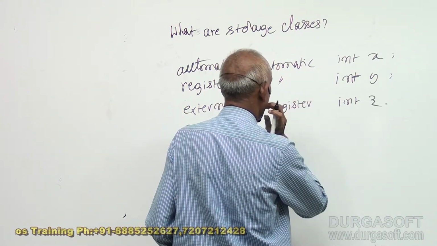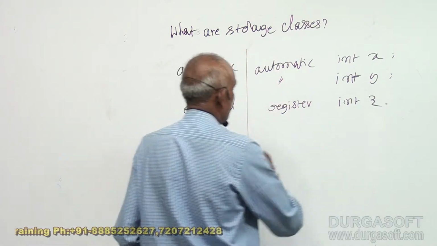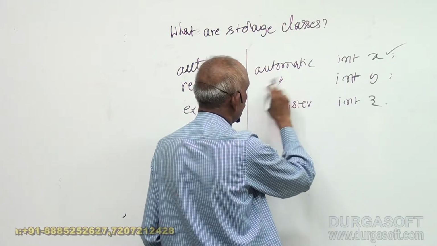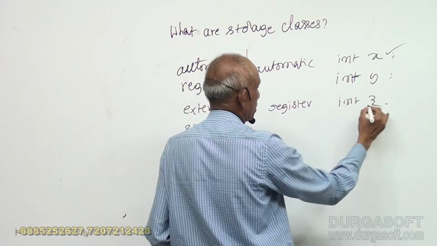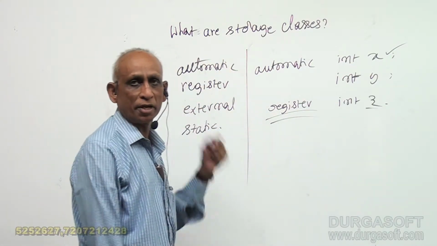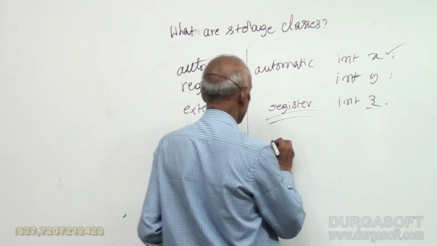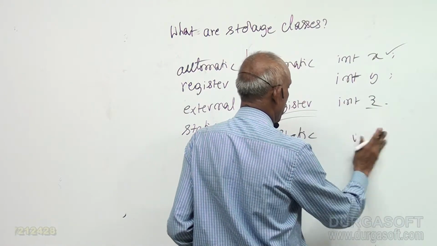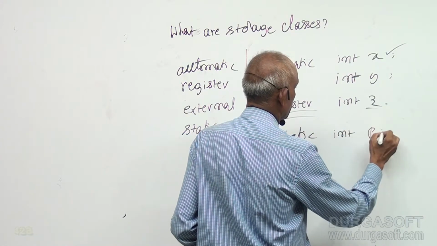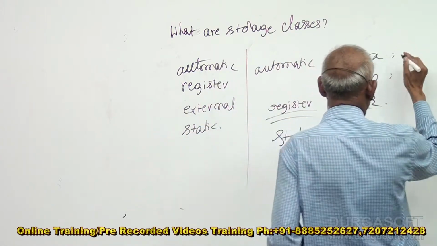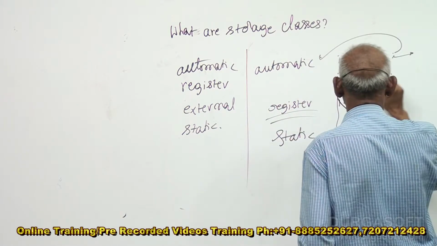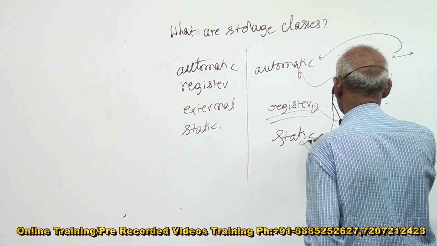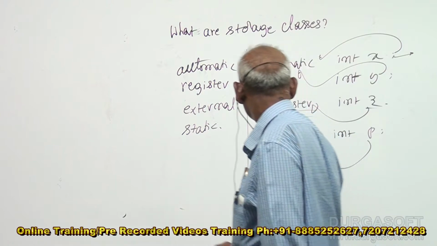That means x is an automatic variable, even y is also an automatic variable, even if it is not specified anything. Then z is a register type variable. Then static: static int p. So p is a static variable, x is automatic, y is also automatic, not specified, but z is register, p is static. Now we will see what they mean.